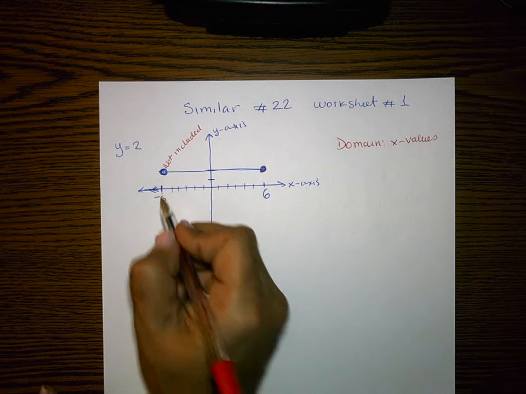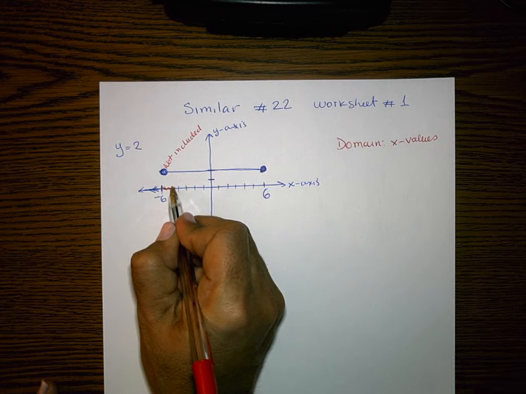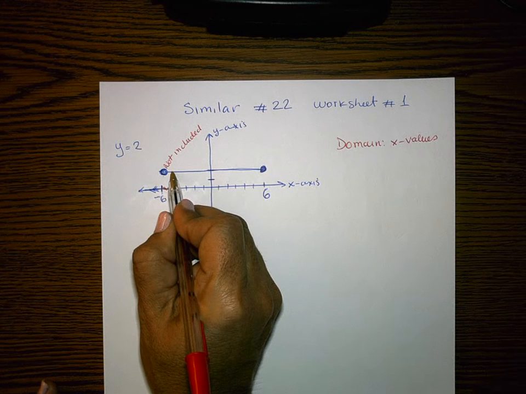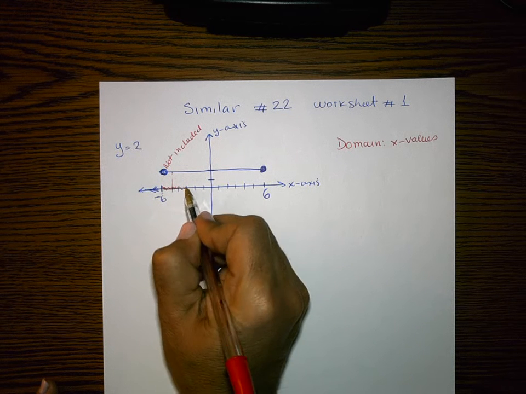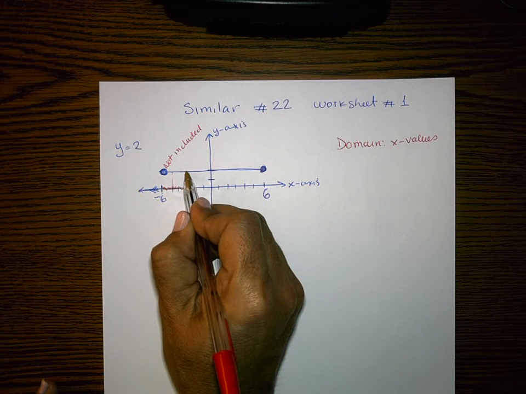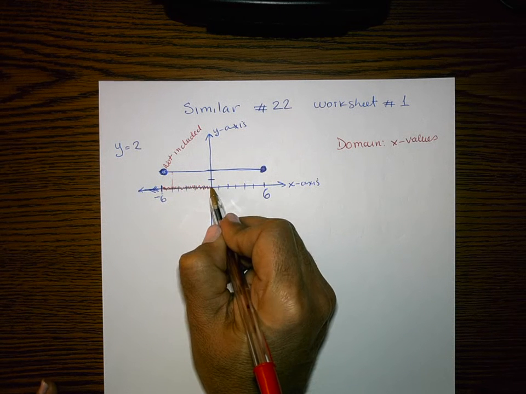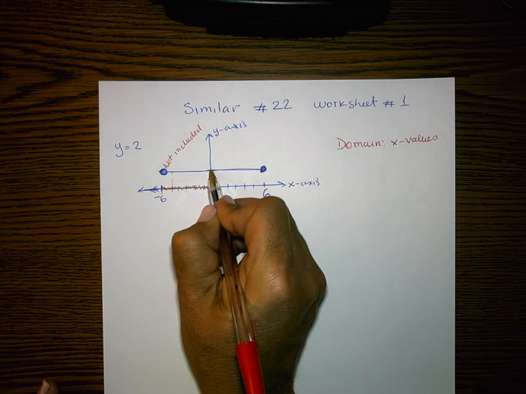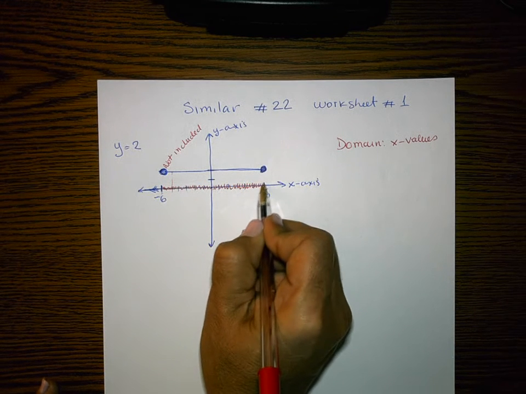Okay? So if I go above -6, if I follow the trail, I will find a value that touches the graph. If I go higher to -3, if I follow the trail, I do touch the graph. And it looks like I will be touching the graph if I'm at 0 for x. If I go up, I do touch the graph. And I will be doing this all the way to 6.